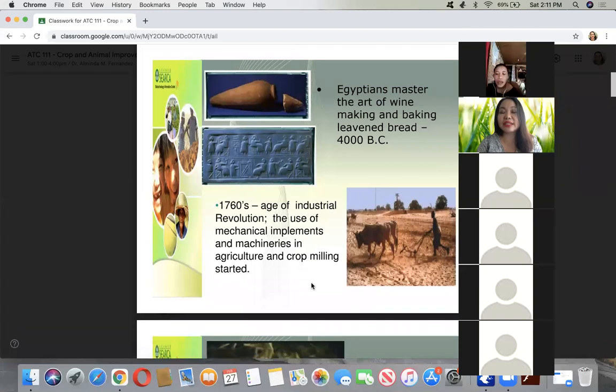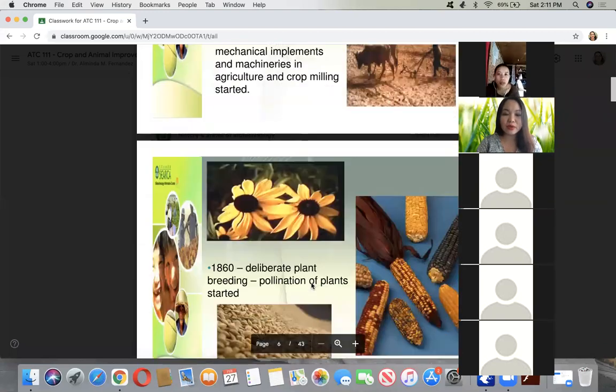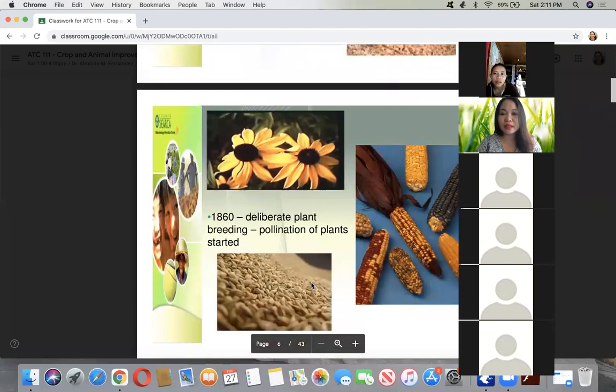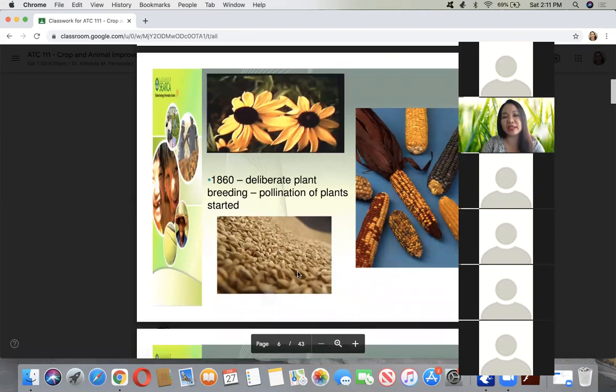That's the 1760s, way far, none of us were around then. And in 1860, there was already deliberate plant breeding and pollination of plants. So in 1860, we were able to breed plants through pollination.